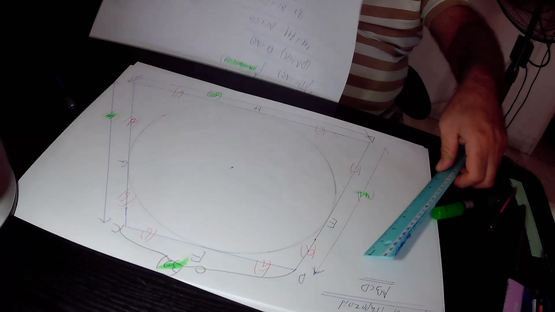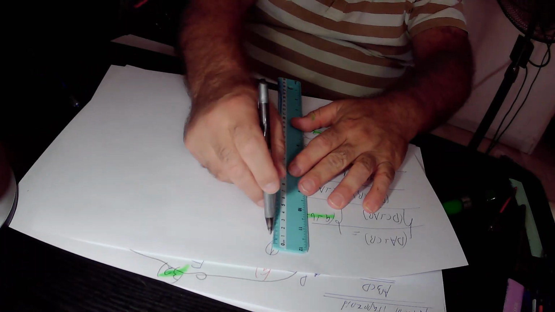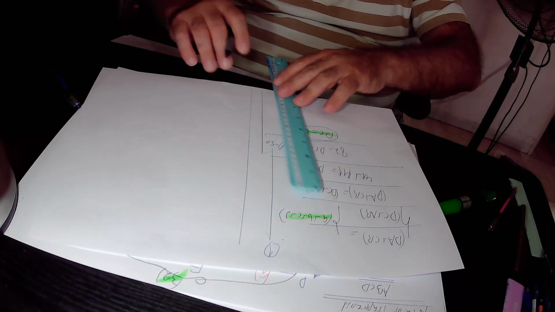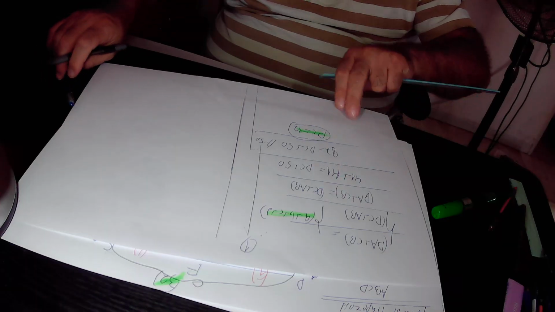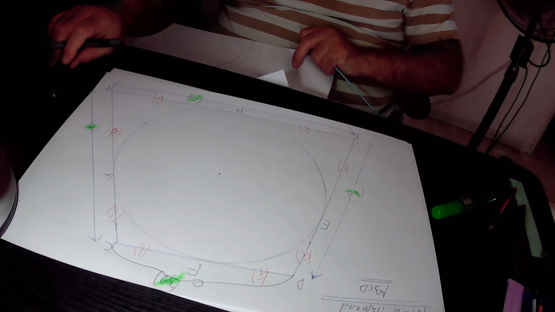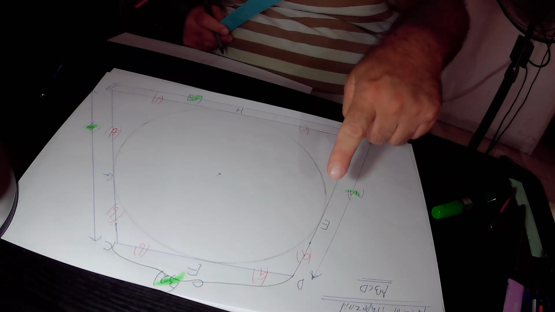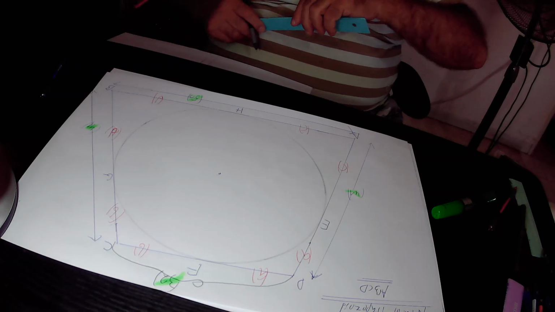In the next step, we will do a construction. That is to say, from point D, we will draw a perpendicular on AB.